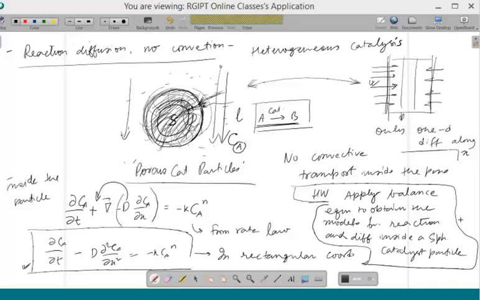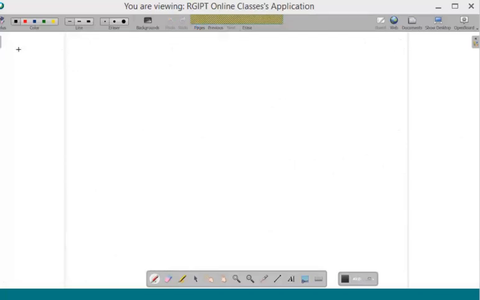That would be another example where one term that we saw earlier, the convective transport, is absent in this example. Another example, for instance, is flow through a packed bed reactor.